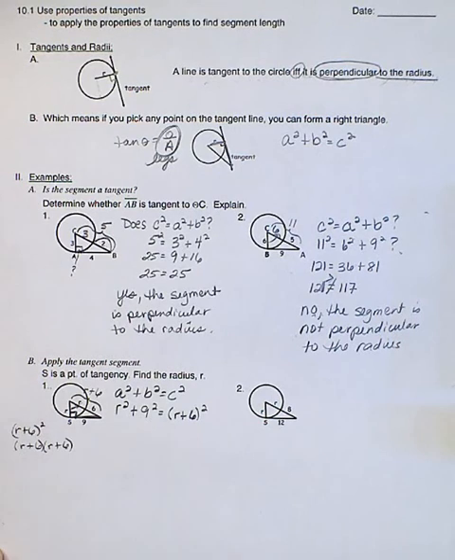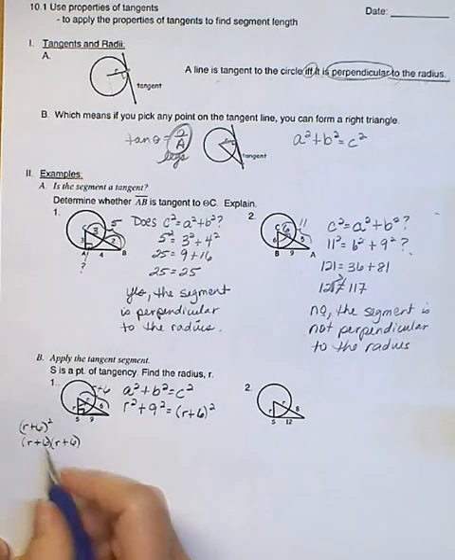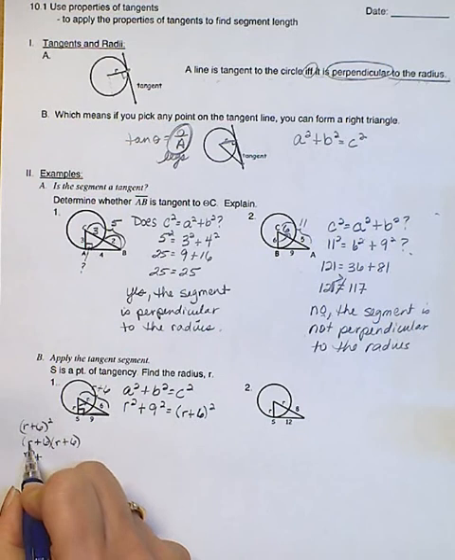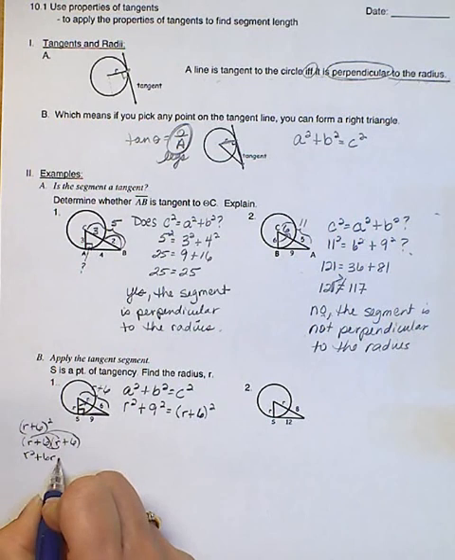So now we're going to FOIL it, or distribute. R times r is r squared, plus r times 6 is 6r. So we did this, then we did this. Now we're going to do 6 times r, which is 6r, and then 6 times 6, which is plus 36.